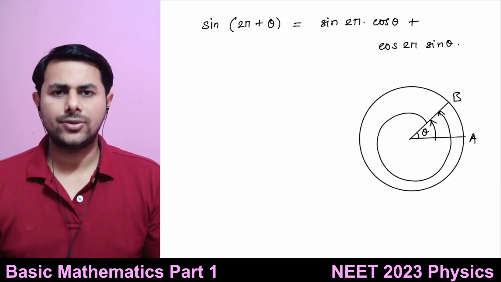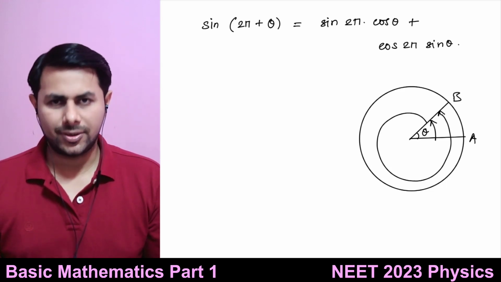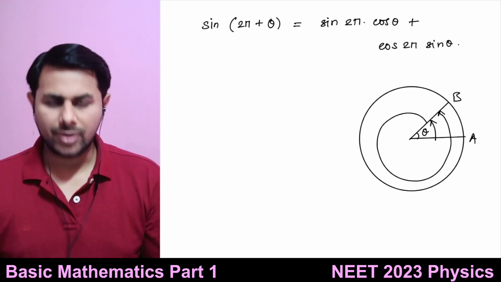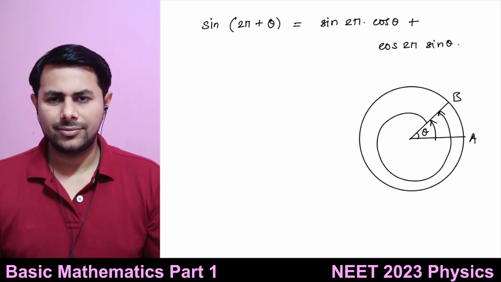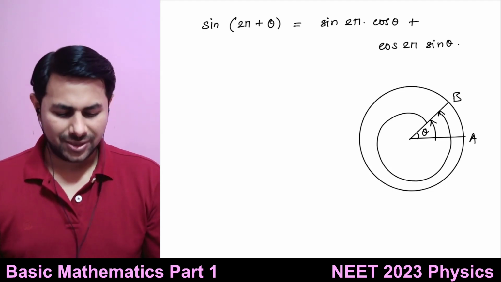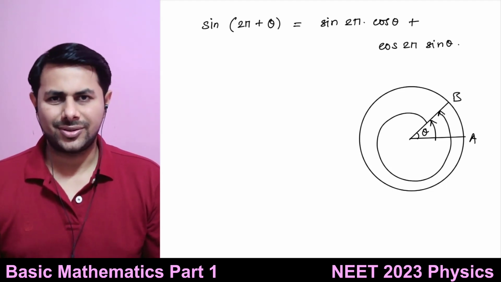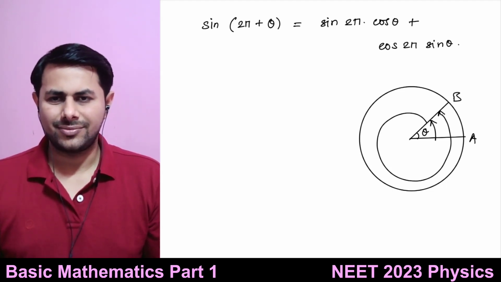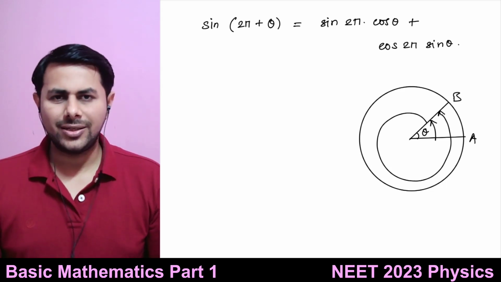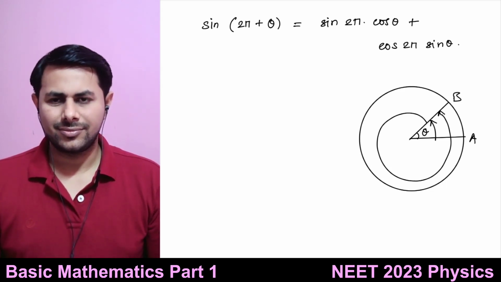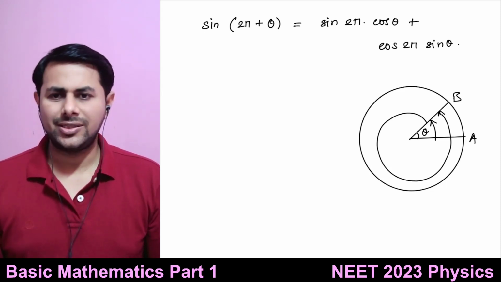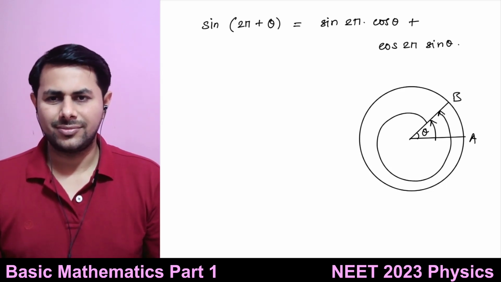Sine of 2 pi is 0. How much is cos of 2 pi? Sine and cos values of 2 pi and 0 are equal. How much is sine 0? 0.